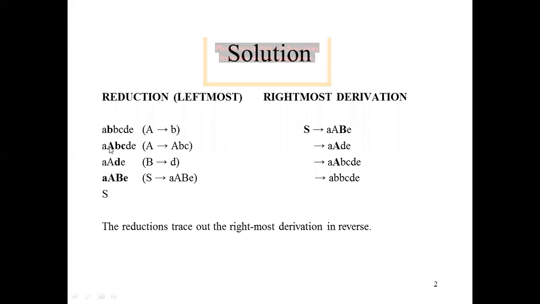Now you can see in case of the reduction, you can also reduce the same. Finally, we have this string A, B, B, C, D, E. We are just putting here A, B, B, C, D, E, to see whether we are able to reduce this.